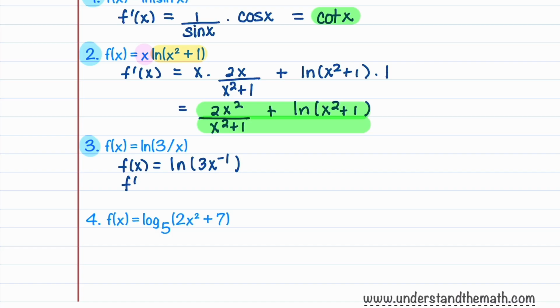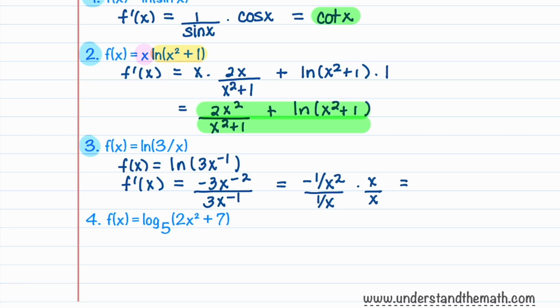Our derivative, f prime of x, then, is the derivative of what's inside, so that is minus 3x to the minus 2, all divided by what's inside, which is 3x to the minus 1. The 3's are going to cancel, and our top term I'm going to write as minus 1 over x squared, and then our bottom term is 1 over x. To simplify this, we can just multiply the top and the bottom by x. So we get an answer of minus 1 over x.